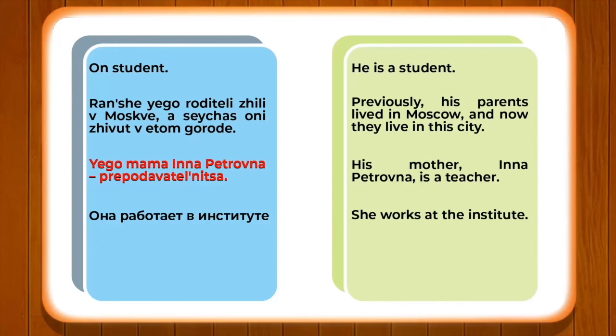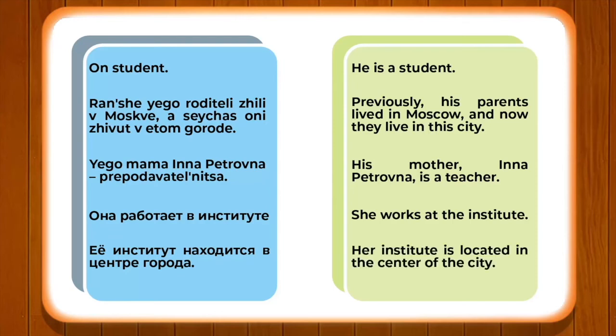So like this, so that there is an exact meaning and the construction of a sentence is technically correct. Then её институт находится в центре города. Её институт находится, is situated in в центре города. В центре, right in the center of the city, Volgograd.